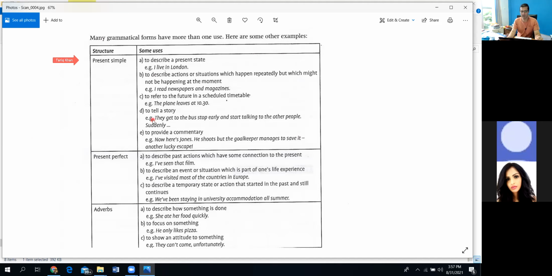Likewise, to tell a story, we use present simple tense. Like here they say, they get to the bus stop early and start talking to other people. Now, present simple. Like if I tell you something about what happened yesterday, I say, you know what, I went to the market yesterday.